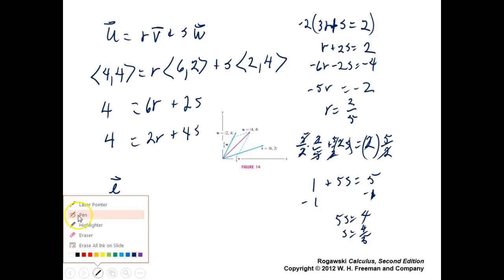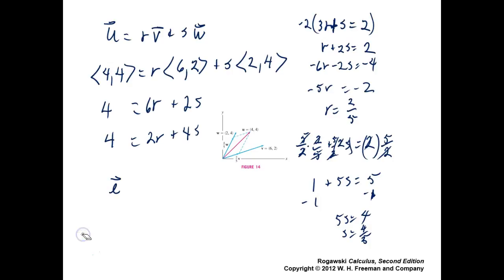If that's a unit vector, I do something a little special to it. Rather than putting an arrow over it, I typically put a caret over it, the mountaintop, to reinforce in my mind this is a unit vector. You don't have to do that, it's just my nomenclature. Of course, the book bolds, and that's perfectly fine.